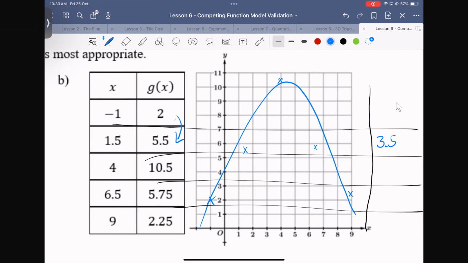And then how much do we go up by? We go up by 5. So this is 3.5. This is by 5. This one here, we're going down by 4.75. Is it 4.75? So minus 4.75. And then minus 3.5. So our second difference is, what's that going to be? Is that 1.5?